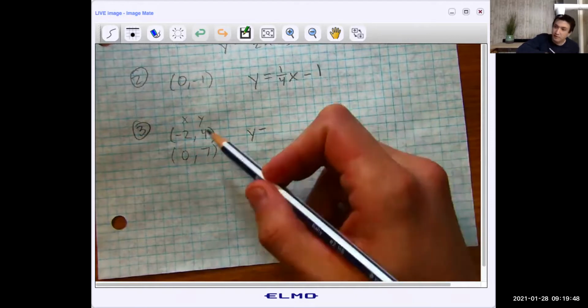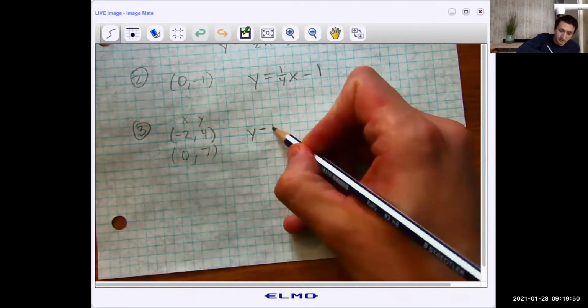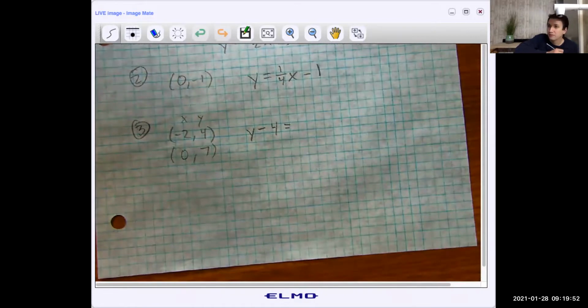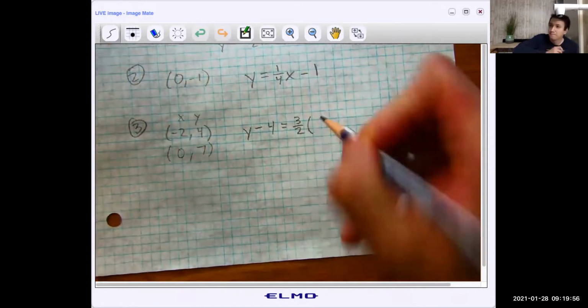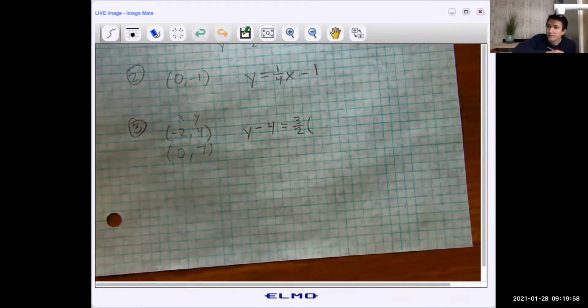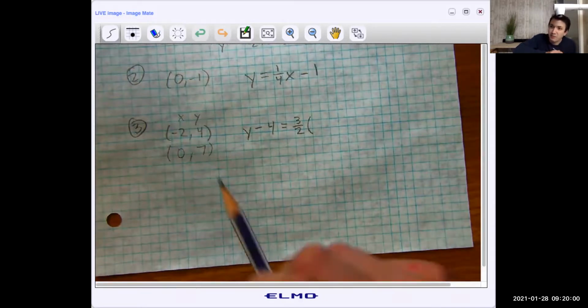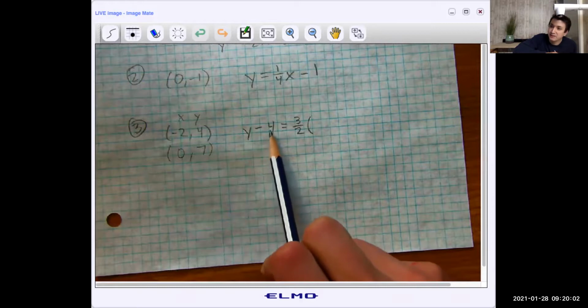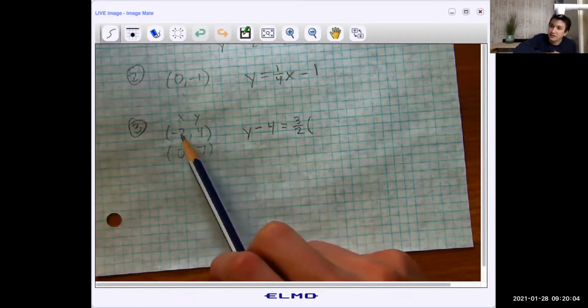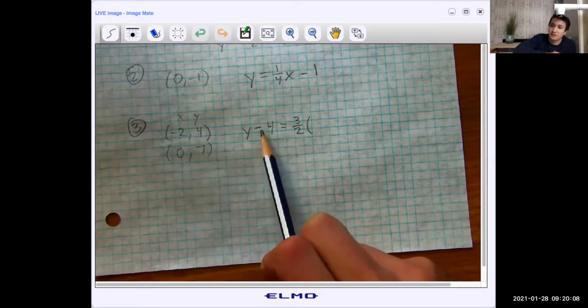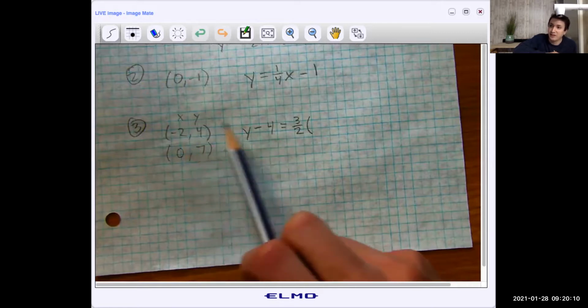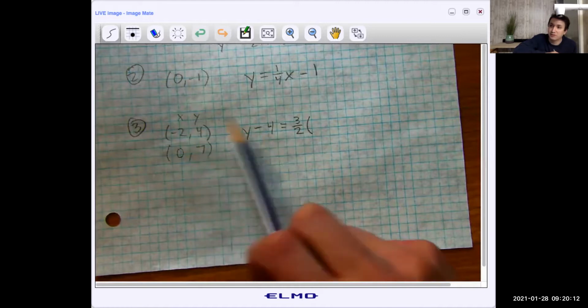Instead here, we're going to plug in the 4. And then they told us the slope was 3/2. A common mistake people make is instead of the 4, they plug in the -2 there. I do that a lot just because the -2 came first, and here you are first, so you're like, oh, I'm just going to put it over there.